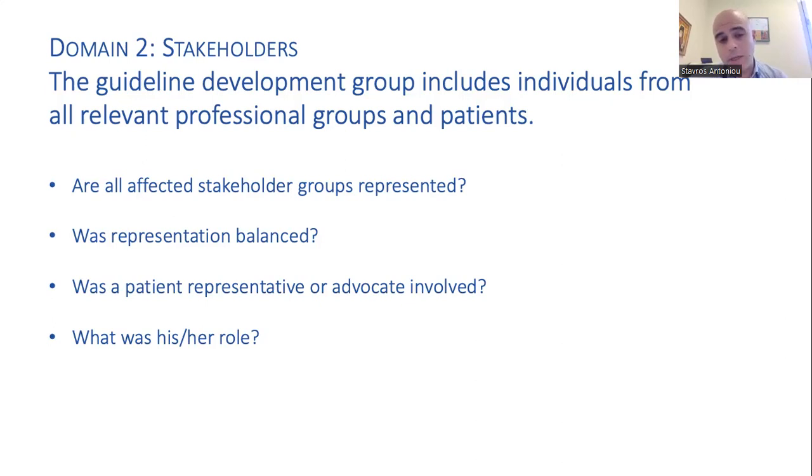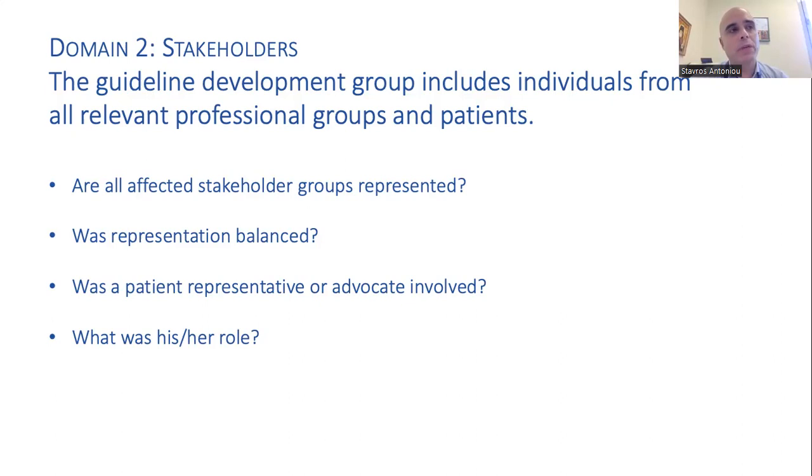And in our experience as well, the participation of other stakeholder groups, except surgeons, is of paramount importance. Was representation balanced? So depending on the topic, was there an adequate number of representatives from different stakeholder groups?